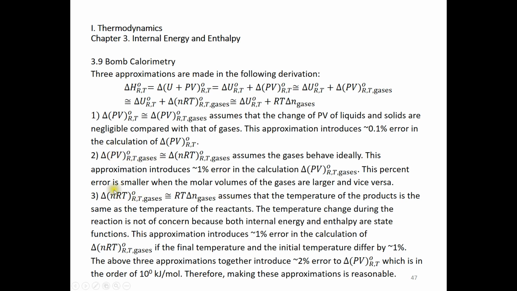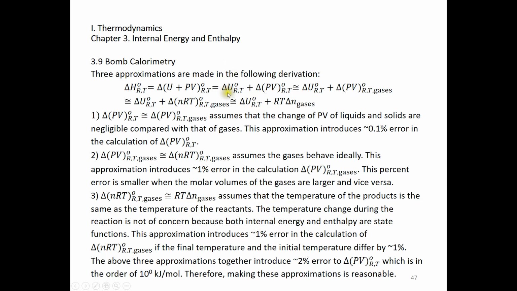And now here we assume the temperature is constant. That's why we can take the temperature out. What if the temperature actually changes by 1%, from 298 Kelvin to roughly 301 Kelvin? Well, it does introduce roughly 1% error to this calculation.